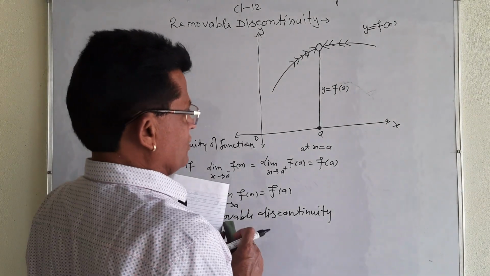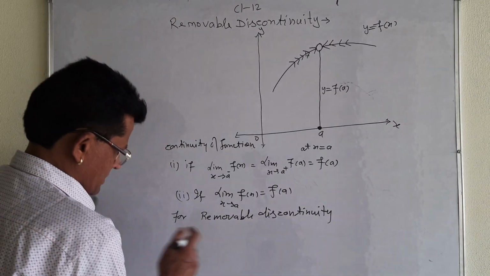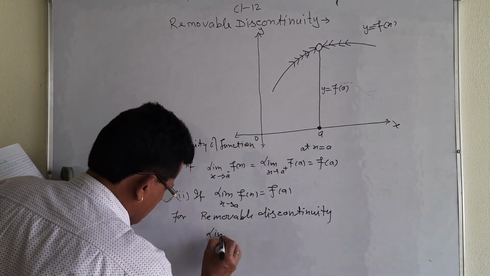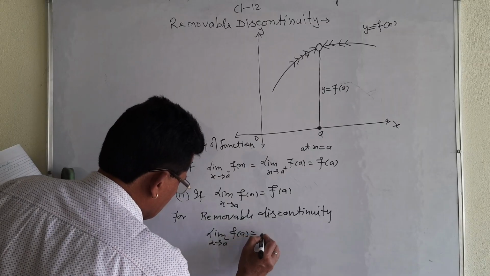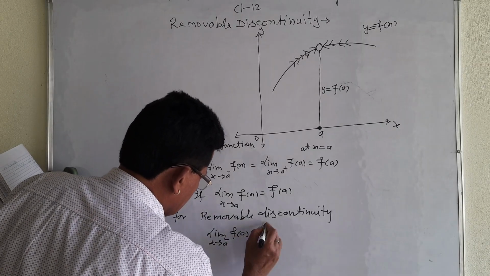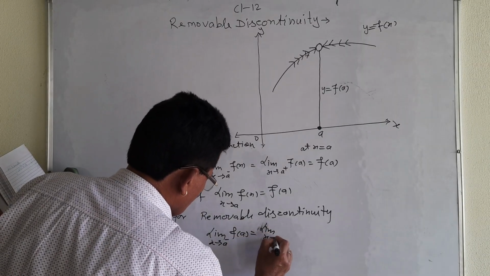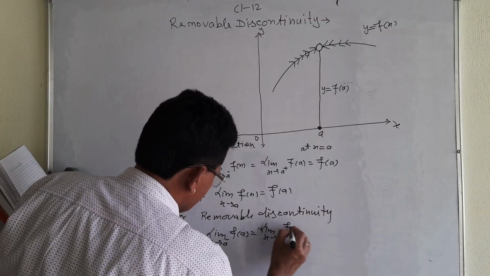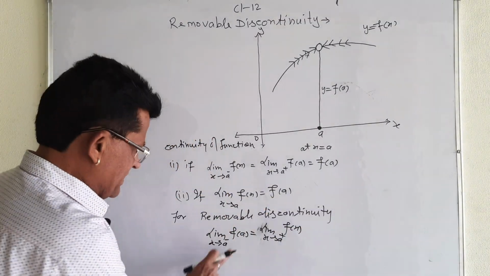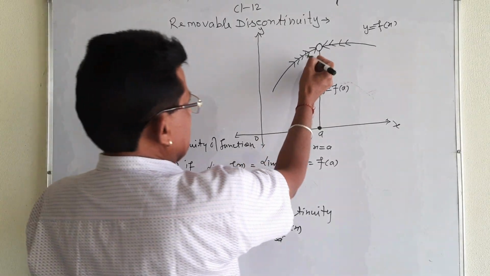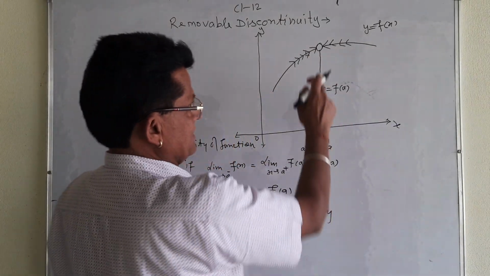For removable discontinuity, the left limit of the function will be equal to the right limit of the function at the point A. Both will be equal.